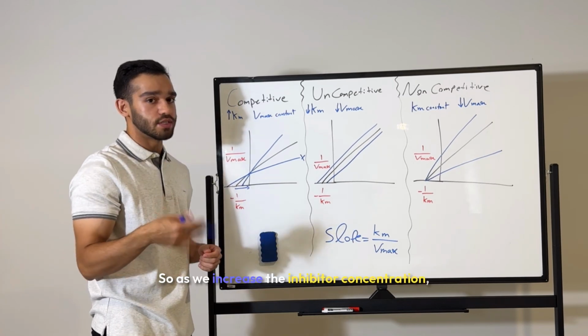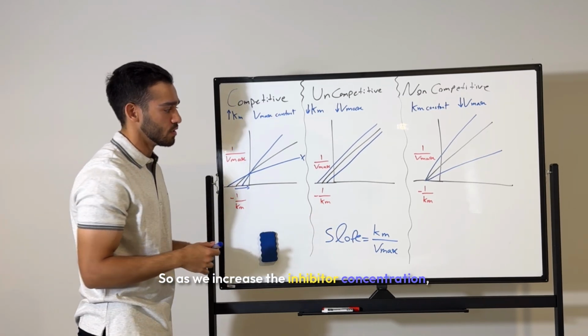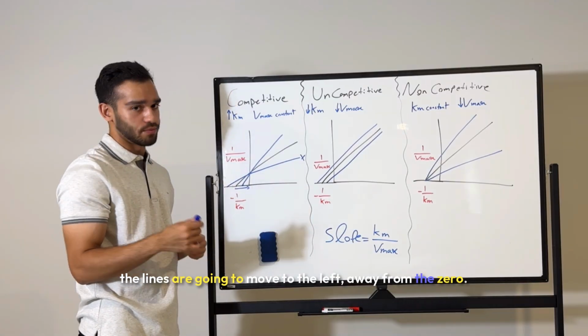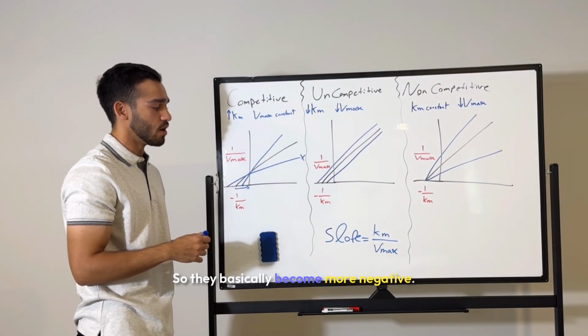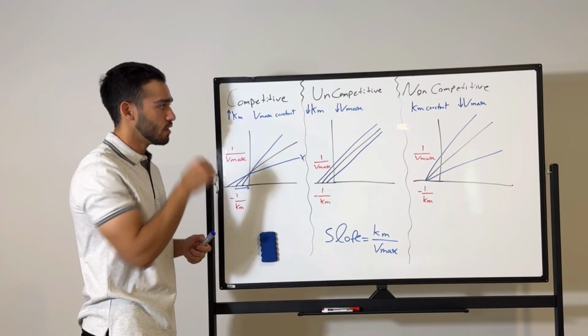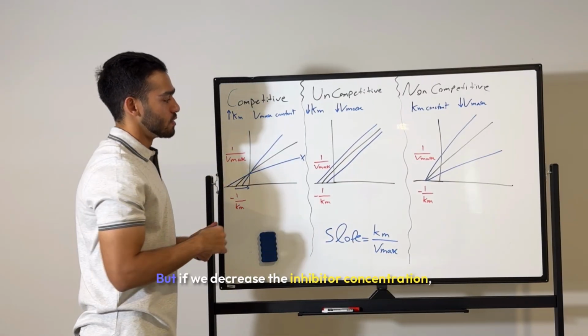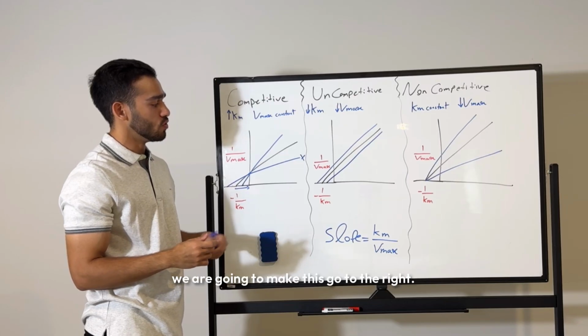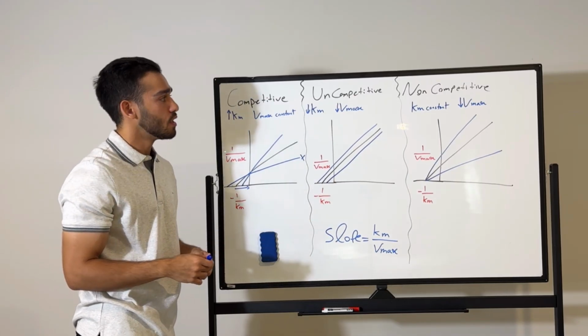So as we increase the inhibitor concentration, the lines are going to move to the left, away from the zero. So they basically become more negative. But if we decrease the inhibitor concentration, we are going to make this go to the right.